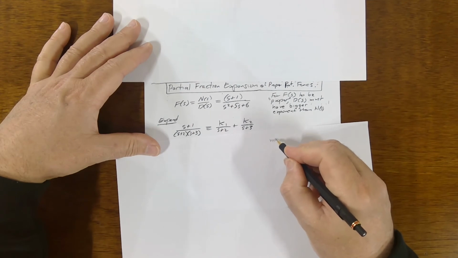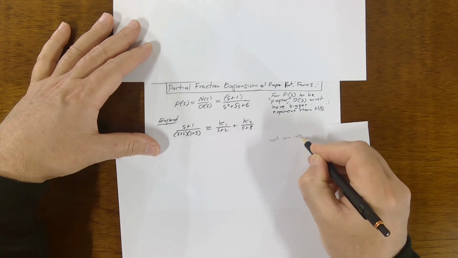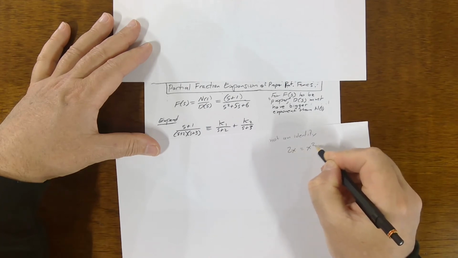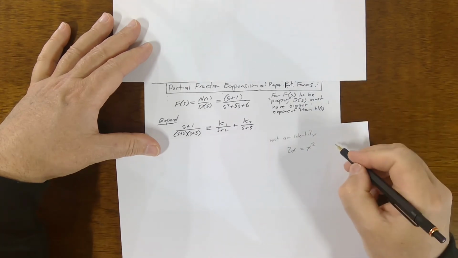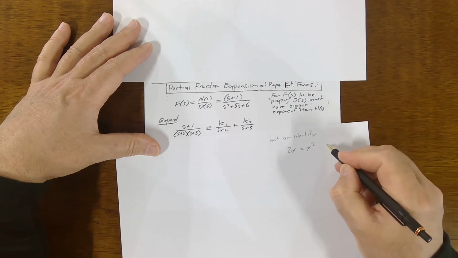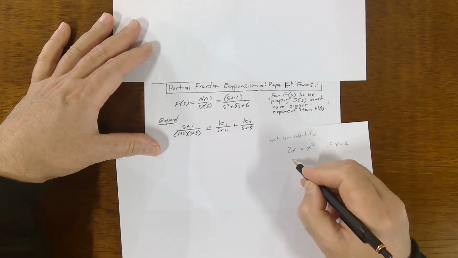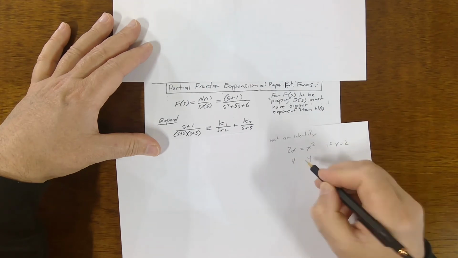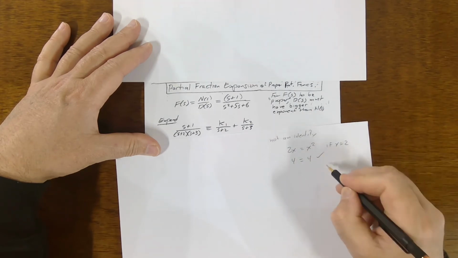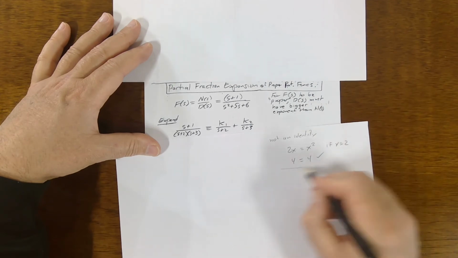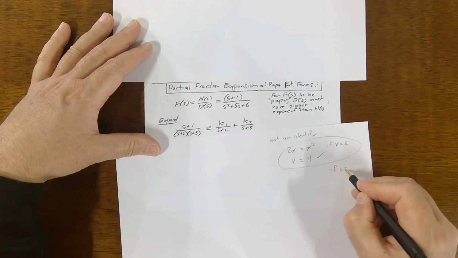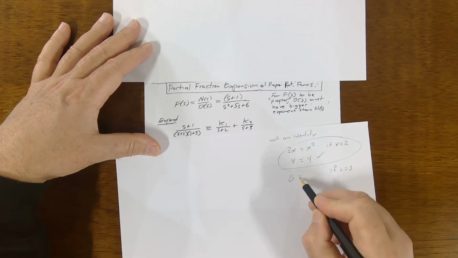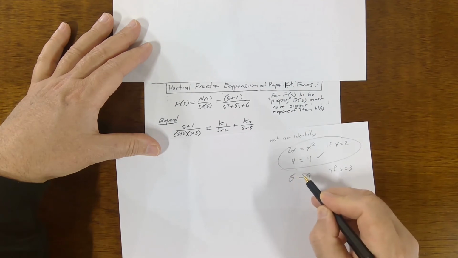Let me give you an example of what's something that's not an identity. Like 2x equals x squared. That's not an identity, because if x equals 2, you get 4 and 4. That's cool. But if x equals 3, you get 6 and 9, which is not equal.